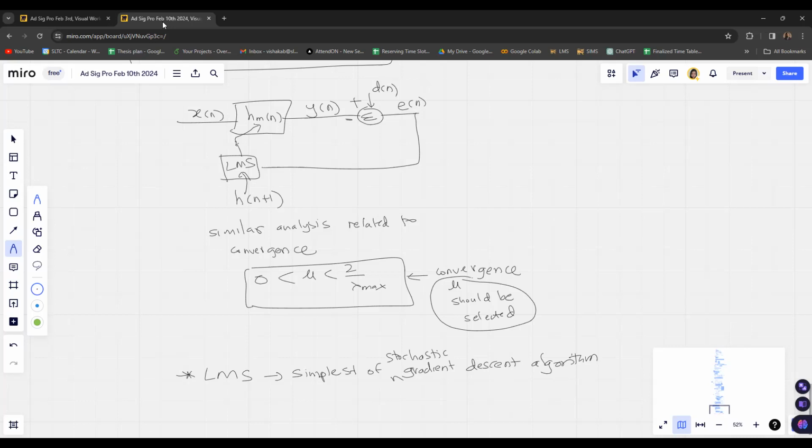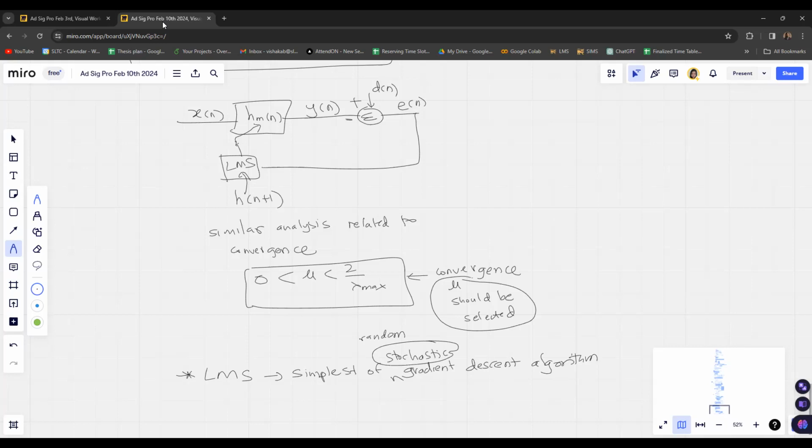The stochastic word means that you are using random signals or random points, and you consider the error value at that random point, and based on the error value you decide to move iteratively to the next point.